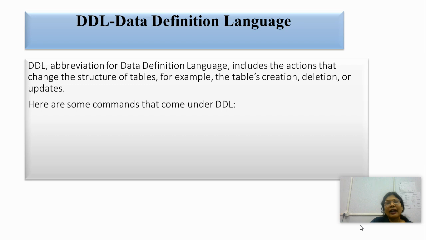By using Data Definition Language, we can change the structure of tables, for example, table creation, deletion or updates. Some commands that come under DDL are create, alter, drop, truncate.